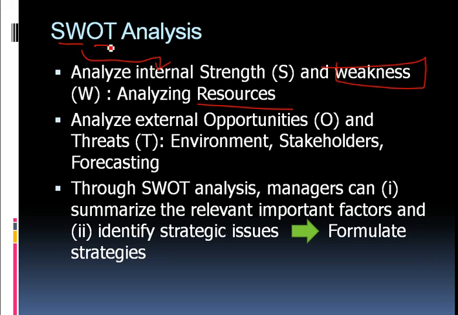And the O and the T are about the external environment. So you can assess and evaluate the environment, how favorable the environment is for your business. Through the SWOT analysis, the managers formulate the strategy. Okay.